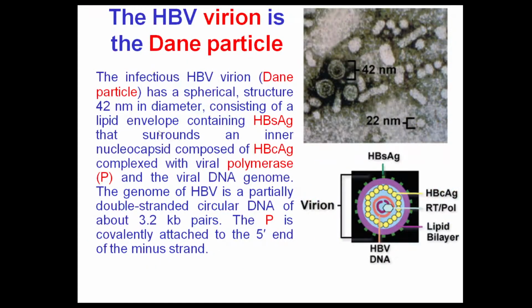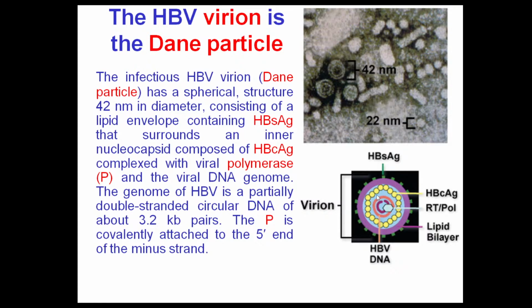The infectious hepatitis B virion has a spherical structure, 42 nanometers in diameter, and the envelope surrounds the icosahedral capsid made up of hepatitis B core antigen.